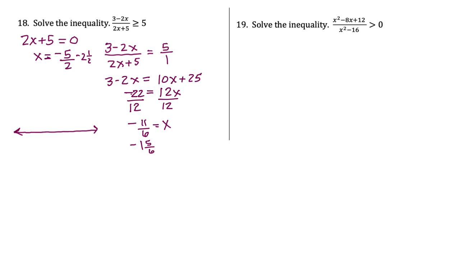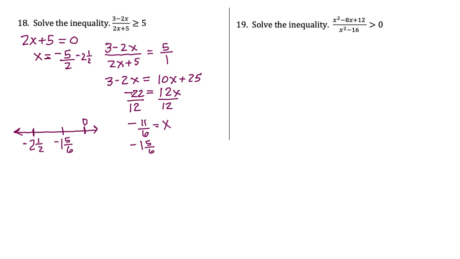Put that on the number line. So we've got negative 11 over 6, or negative 1 and 5/6, and then we've got negative 2.5. I'm going to run way over here and pick 0, a nice number to pick.